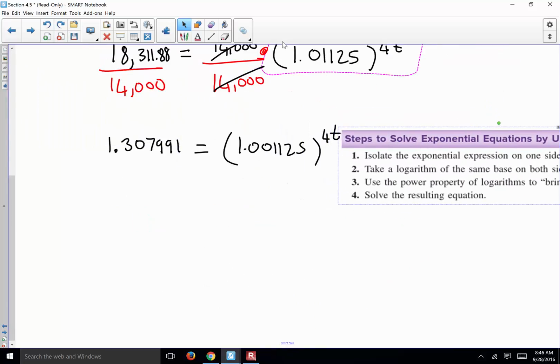We've got it isolated. Now it's time to take log of both sides. What log are you going to choose? Which base? You can choose the base on the right. That's okay. You can go with logarithm of base this weird number.